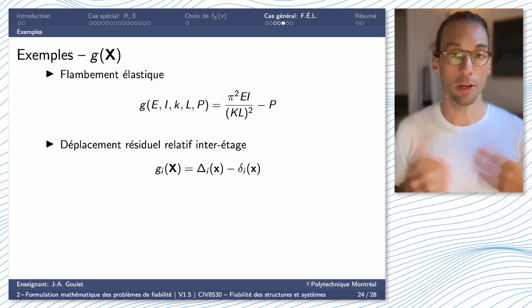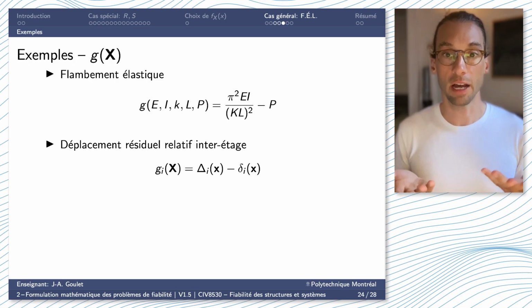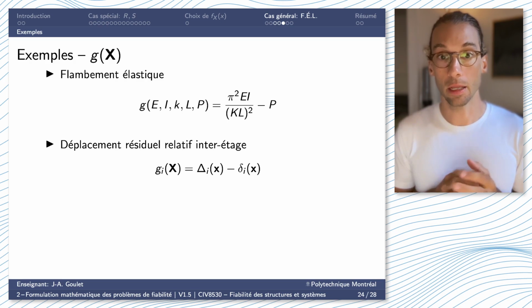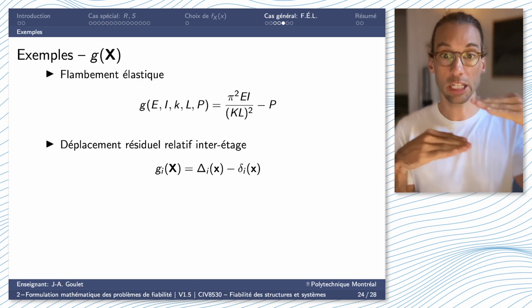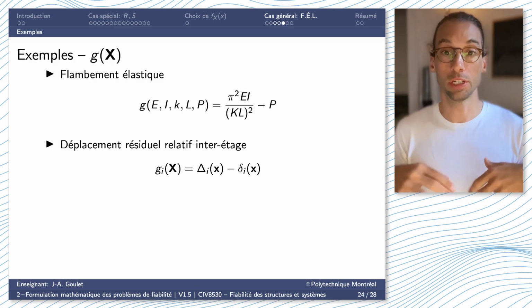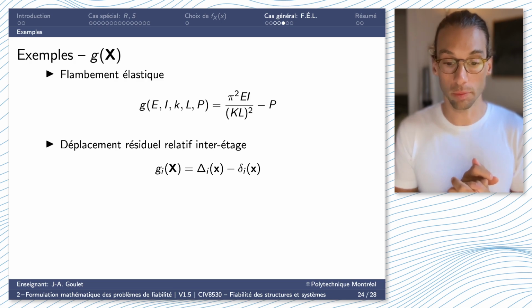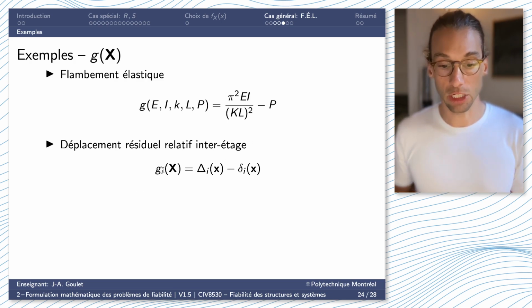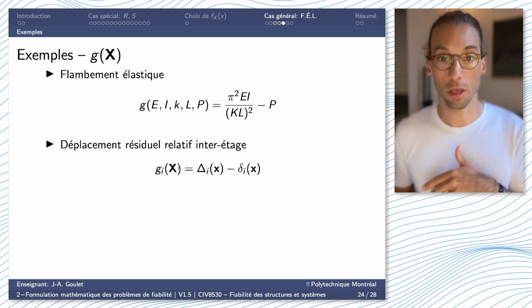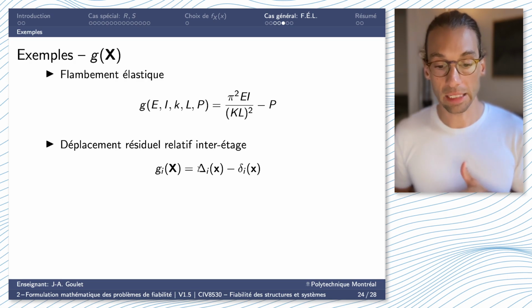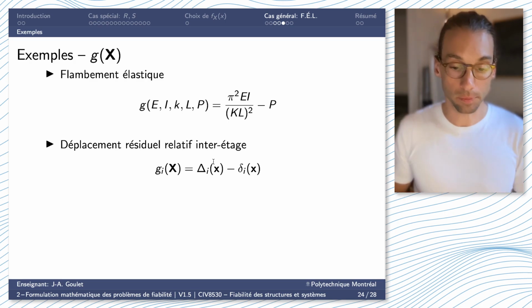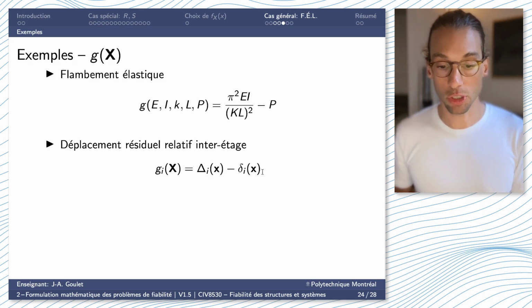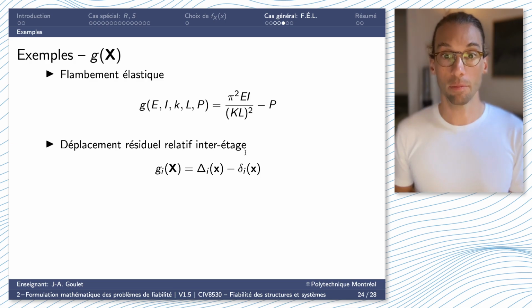If we have an earthquake, we're typically going to define the demand during an earthquake as the residual displacement between two floors in case of multi-story buildings. So in that case, we can say that g_i, which represents the survival or failure of a given floor, is the inter-story drift that is modeled versus the capacity of my building.